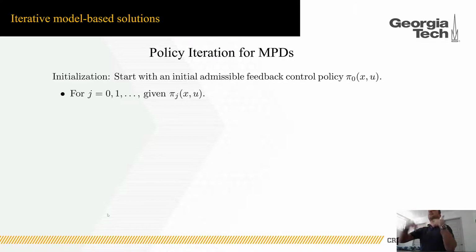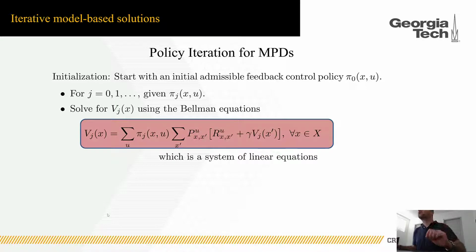Now, I will do the iteration. For every j given pi, I will solve the Bellman equation and I will find how good my policy was. So this is a system of linear equations, and I solve this one for every j. So I solve this equation and I find how good my policy was.